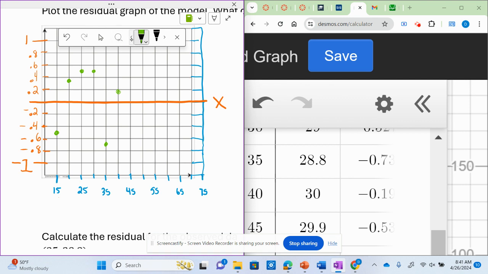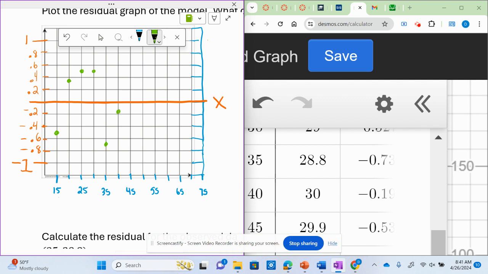Did you guys see that? It's supposed to be -0.2. I don't know if my eraser works. Sorry, the 0.2 on the 40 is negative, guys and gals. I've got to grab the eraser. This is negative, so a -0.2 right there.